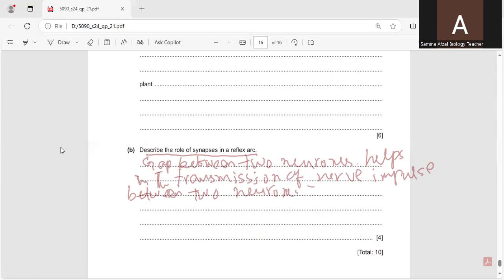It also helps in one-way, unidirectional movement of the nerve impulse.